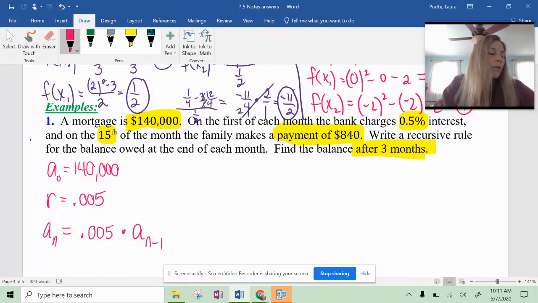So let's just think about this for a minute. If our mortgage is $140,000 and the bank charges us 0.5% interest, what are we going to be owing now, right?